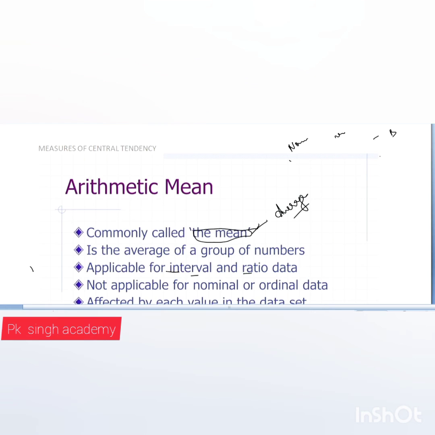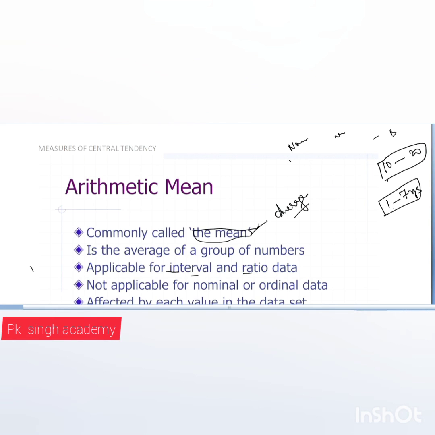Interval scale means there is some type of interval, like 10, 20. When you go for an interview, you are asked about your experience, from first year to 7 years. So first to 7 years is an interval.